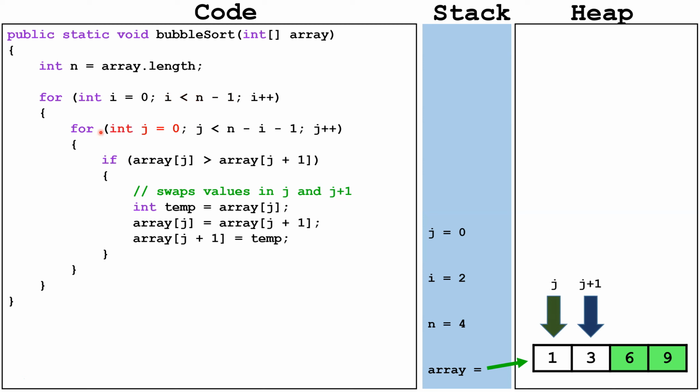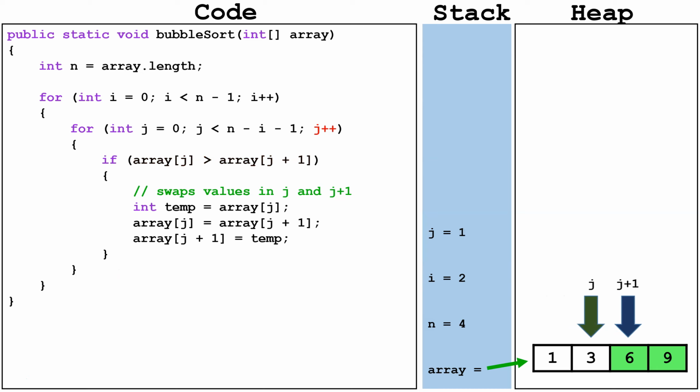Now we start the internal loop again. We set j equal to 0. We check, is j less than n minus i minus 1? It is, so we continue. We check, is what's in array index j greater than what's in j plus 1? It's not. These are already in the proper order, so we don't have to do the swap.